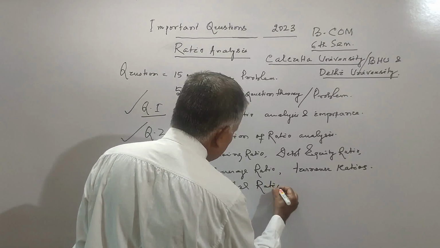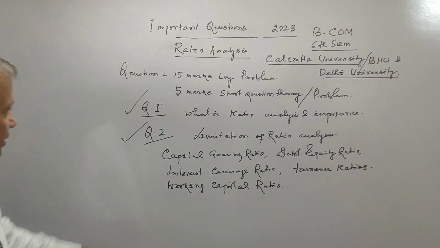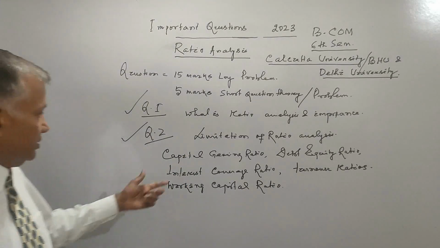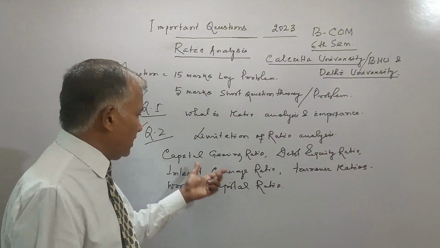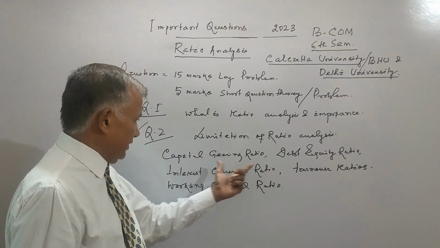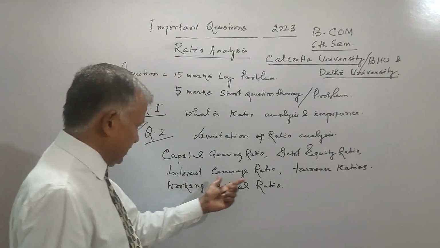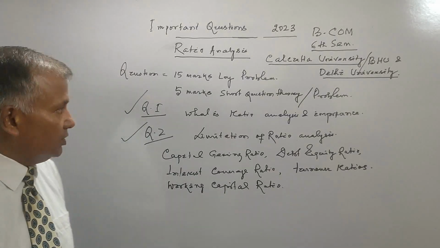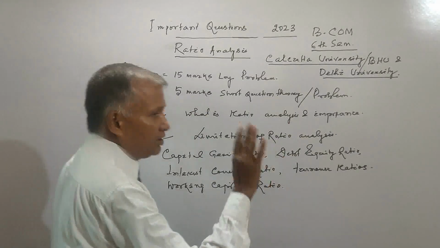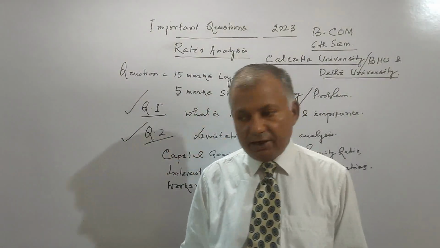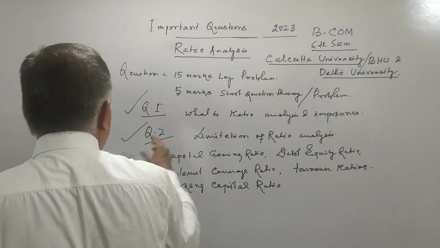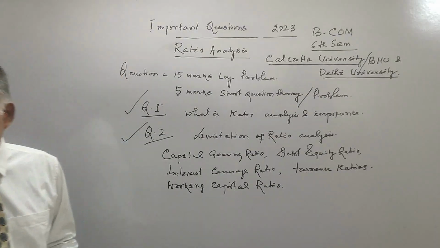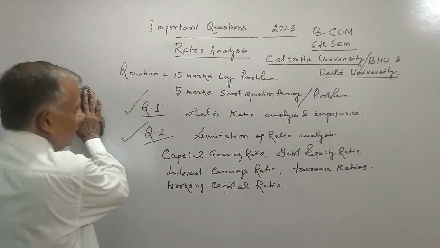So friends, so far as the theory is concerned, these two theory questions are very important, and they may ask you 2 marks questions on capital gearing, debt equity, interest coverage, turnover ratio, working capital ratio. So this is all about the theory questions in this chapter, and you can note down the answers from the answer sheet which has been given.